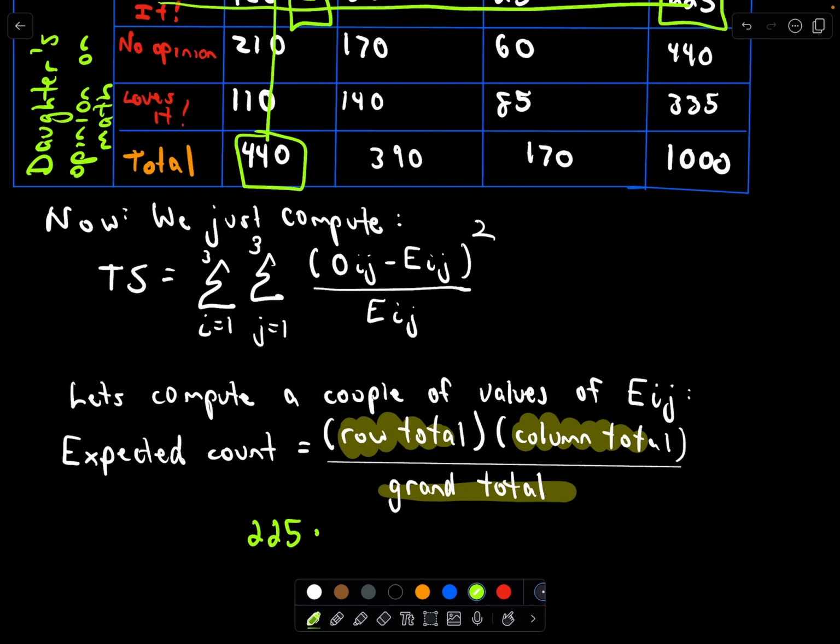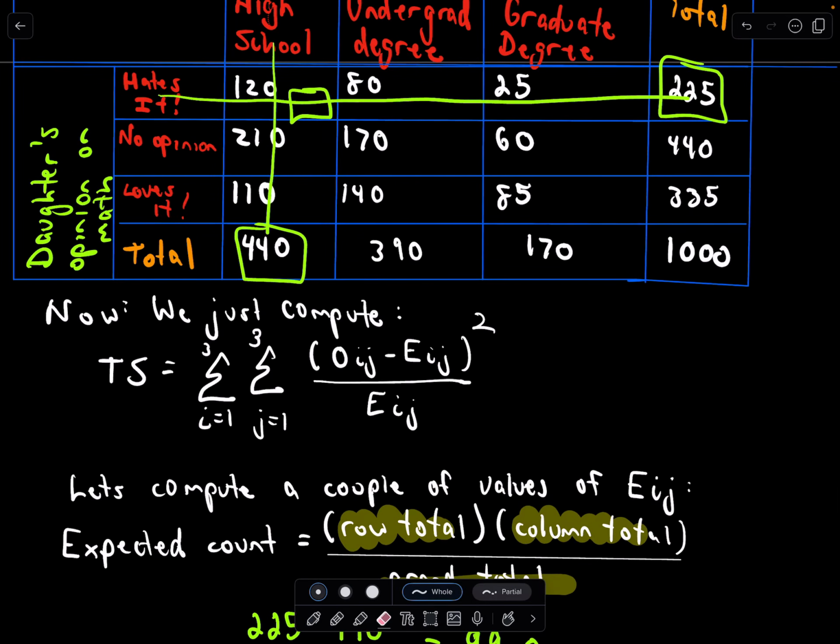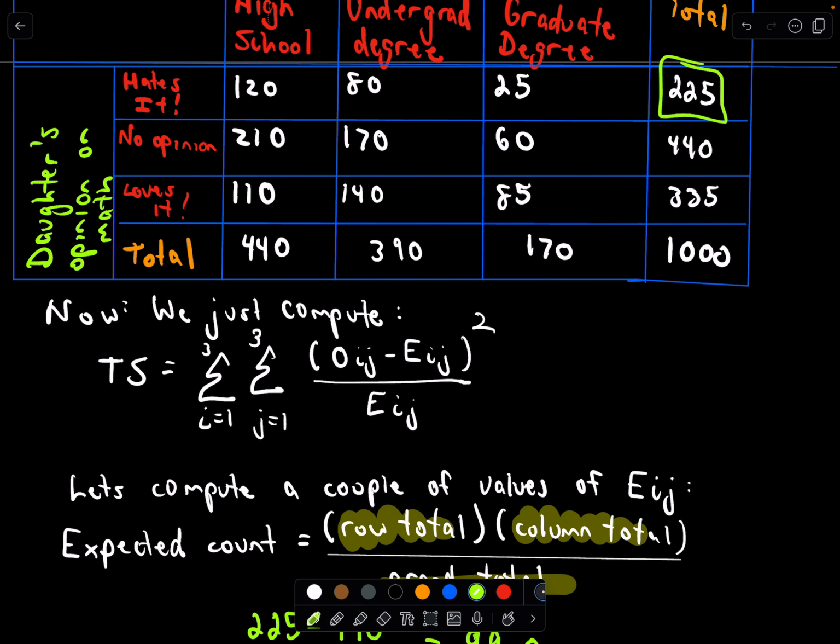So that's 225 times 440. And then we divide that by the grand total. There were 1,000 mom-daughter pairs that we interviewed. When I multiplied this out, I got exactly 99.0. So based on my data, that's what I would have expected.